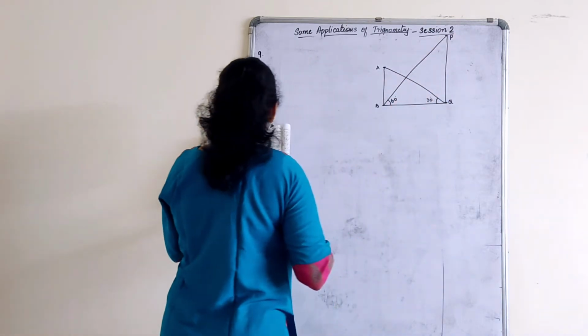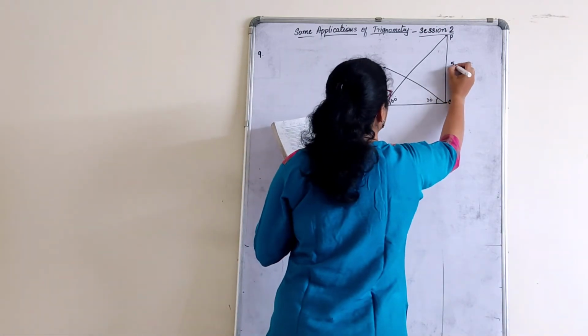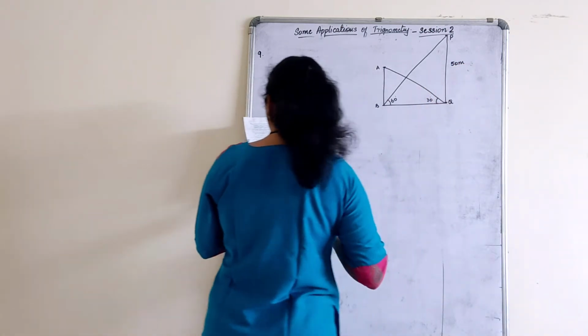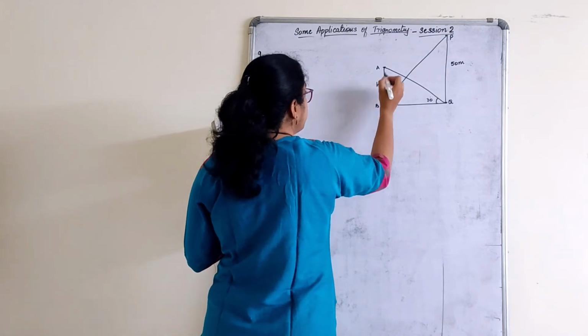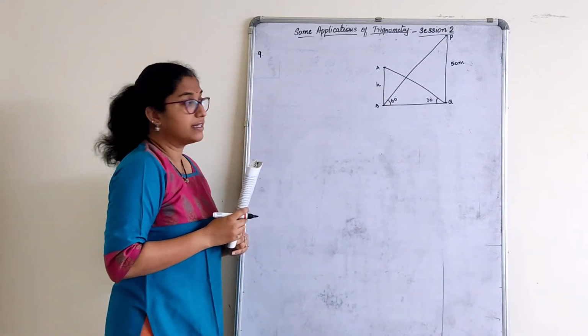That's all. If the tower is 50 meter high, find the height of the building. This is the figure given.